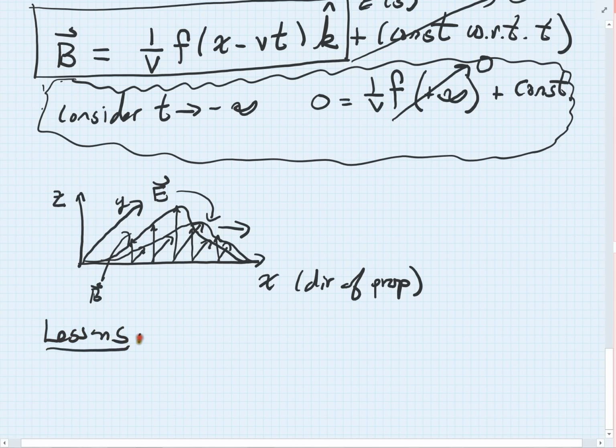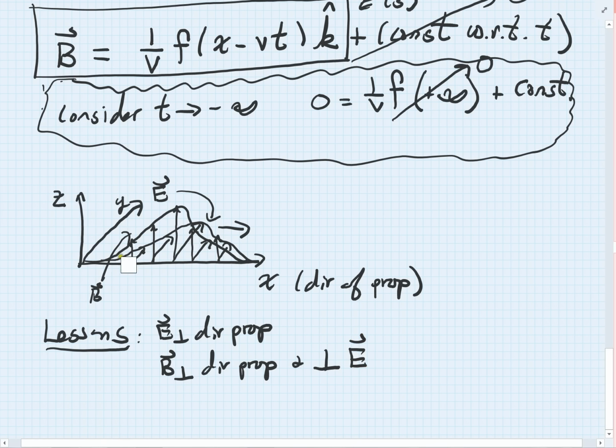So we've just learned our next lesson. Lessons so far were that E was perpendicular to the direction of propagation. We've also just learned that B is perpendicular to the direction of propagation also, because it's in the z direction. But it's also perpendicular to the electric field.